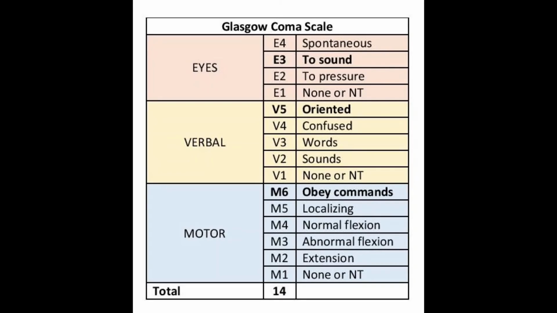Normal flexion would be if she rapidly bends her elbow and moves her hand away from her body. Abnormal flexion would be if she bends the elbow slightly and across from her body. And extension would be if she extends her arm instead of bending it. And if the patient did not have any response with any of my stimuli, then I would document as either no response, or NT if the patient was paralyzed.